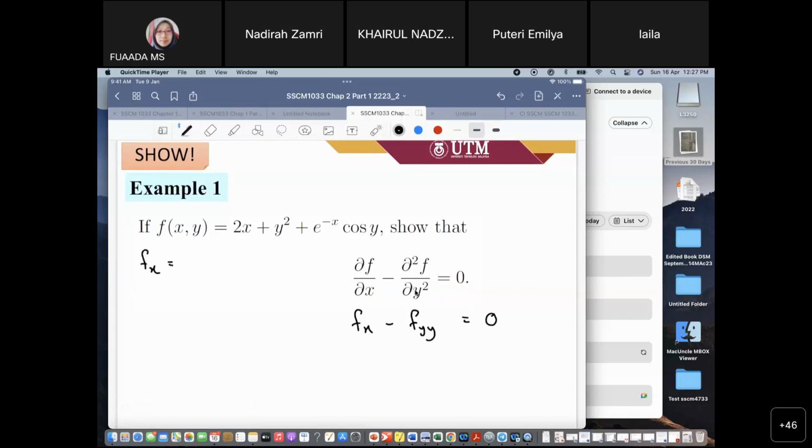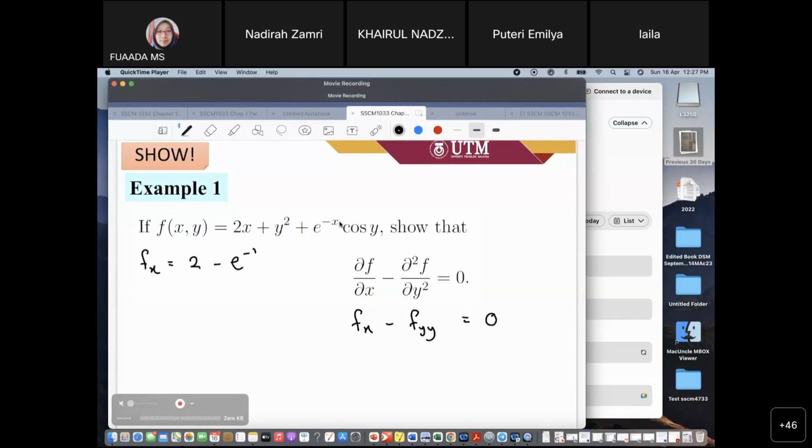So fx, you got 2, right? 2, differentiate this respect to x, you got 2, this one 0, and then minus e minus x. Okay, be careful with this one, the third term.